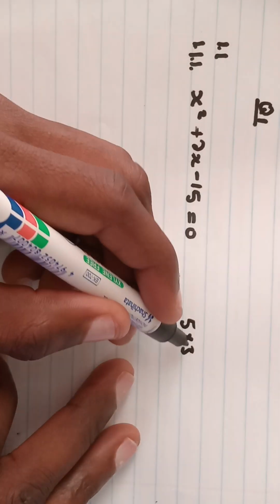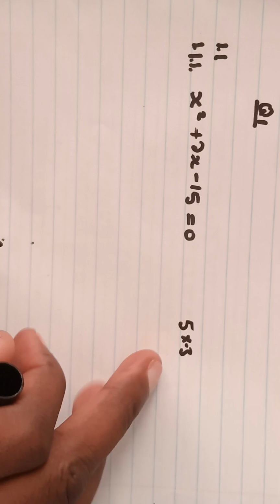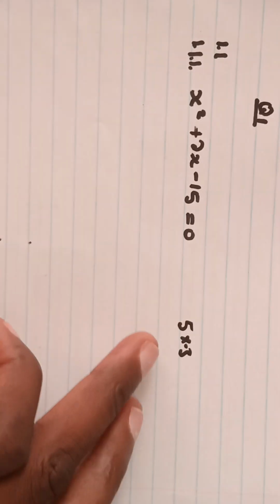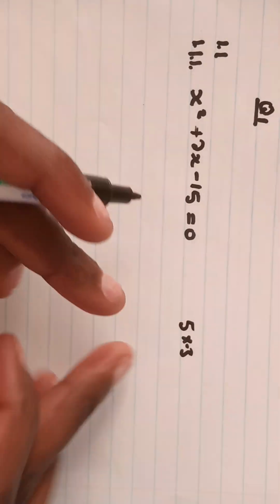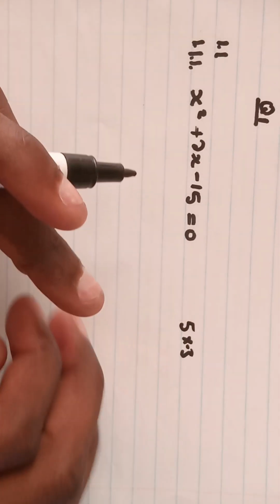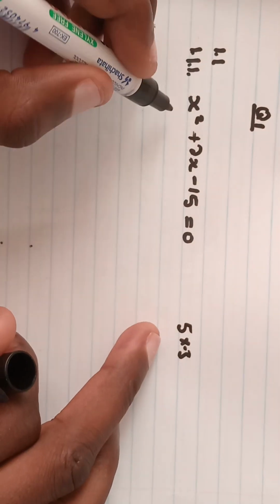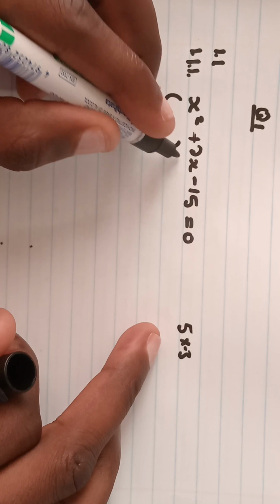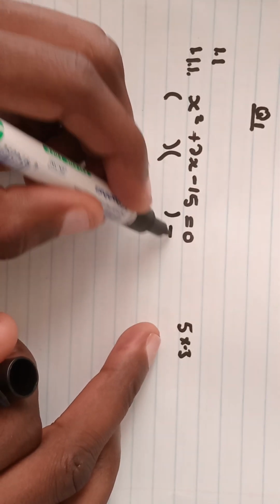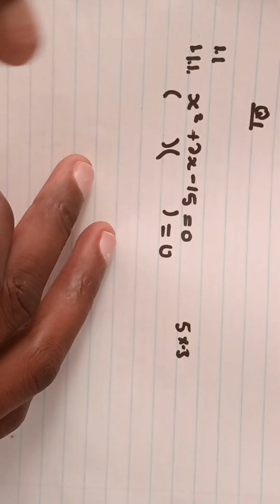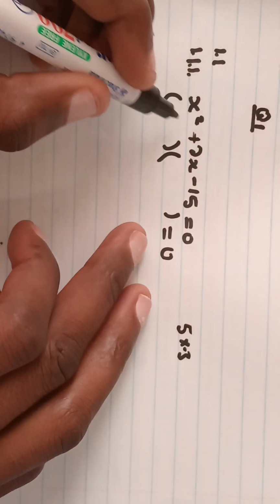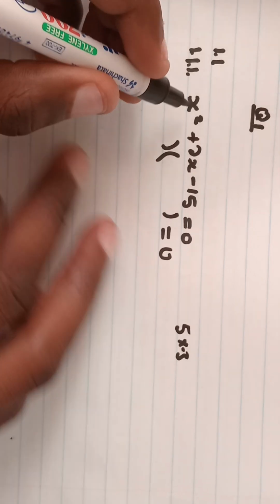When we multiply 5 times negative 3, it gives us negative 15, but when we add these two values, 5 minus 3, it gives us positive 2. So those are the perfect factors that we can use for this type of question.